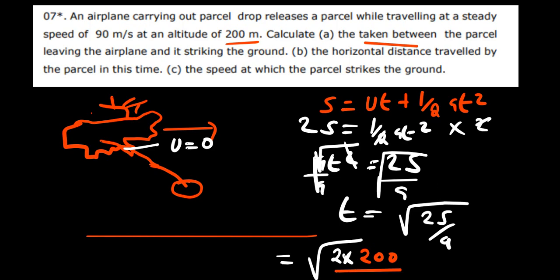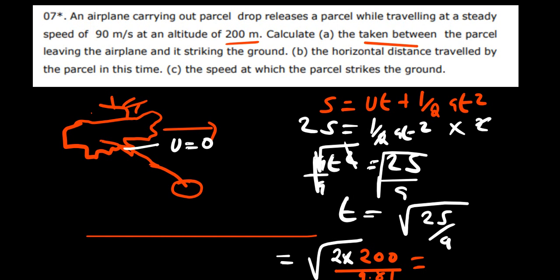So multiplied by 200 meters divided by the acceleration. The acceleration, we're told it's traveling at a steady speed in an aeroplane. But now, this is a projectile. It is under the influence of gravity. So the acceleration due to gravity, or this is the speed, it's not the acceleration. The acceleration due to gravity will be 9.81.